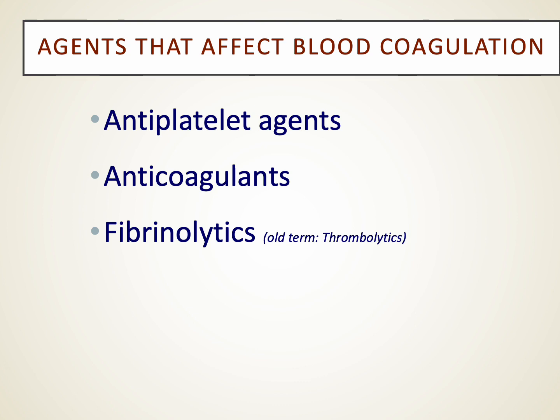So let's look at the basic factors that are involved in blood coagulation. This hopefully is a review from what you remember from anatomy and physiology, as well as other things you may have heard already in the hematology block. But the agents we're going to use are going to be either drugs that affect platelet aggregation primarily, or drugs that interfere with the clotting cascade at some point, the anticoagulants, or to a much lesser extent, but in more serious conditions, might consider the use of fibrinolytic, or the older term of thrombolytic, which would actually dissolve an existing clot.